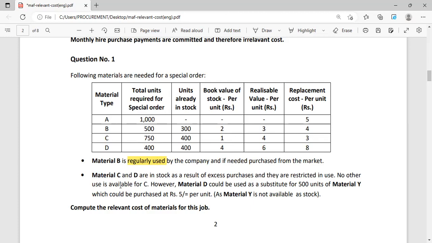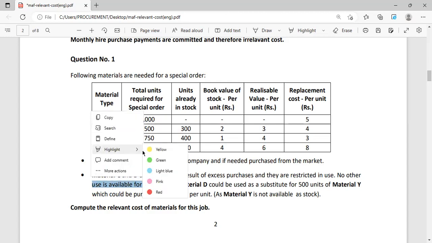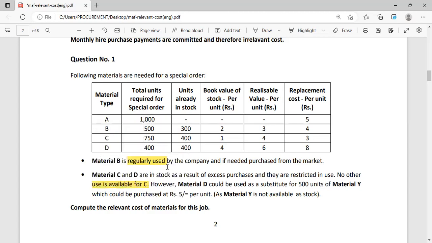No other use is available for C. That is, you have to use C now because there's no other use for it.